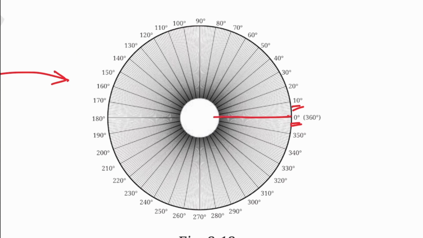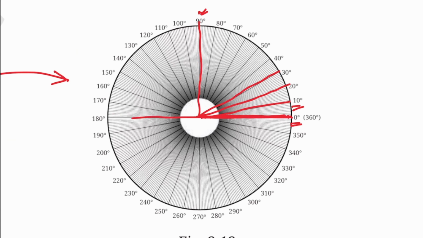That is, from here to here the angle is 10 degree. Similarly, from here to here the angle is 20. Here to here 30. Similarly, here to here, that is 90 degree.